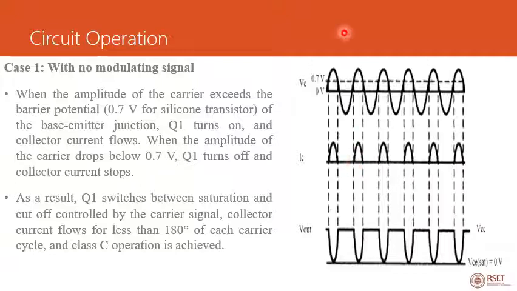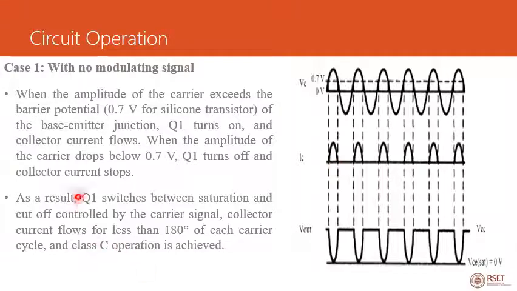During the next cycle, when the carrier amplitude exceeds that barrier potential, your transistor turns on. Then there will be some base current. Because of that base current, there will be some collector current. Because of this collector current, at the output we are having some output voltage.